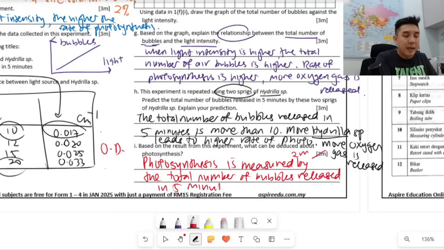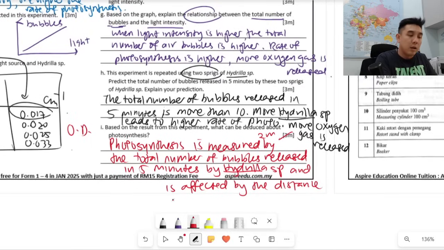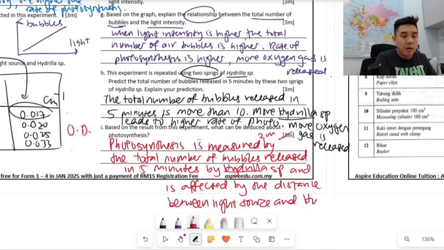Okay guys, please add in by hydrilla, and is affected by the distance between light source and the hydrilla.